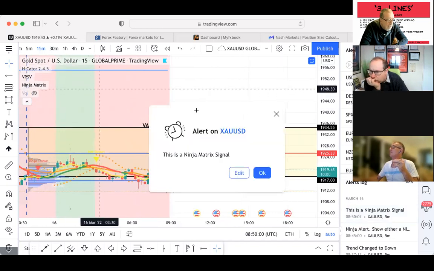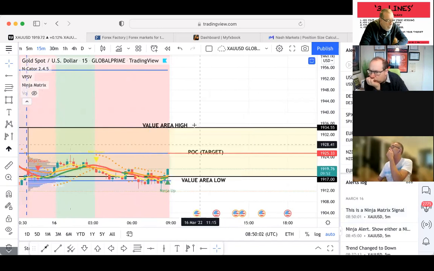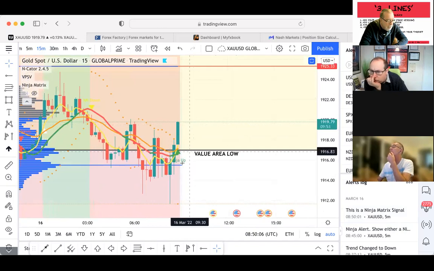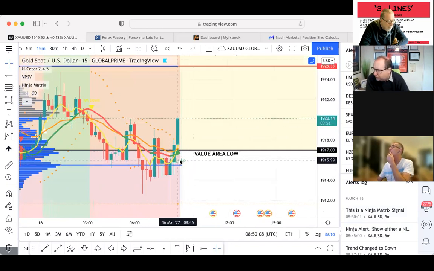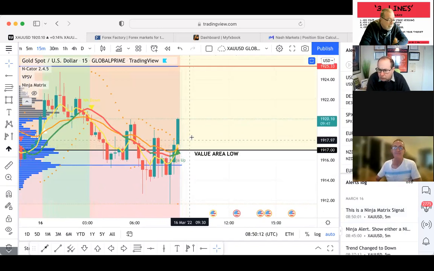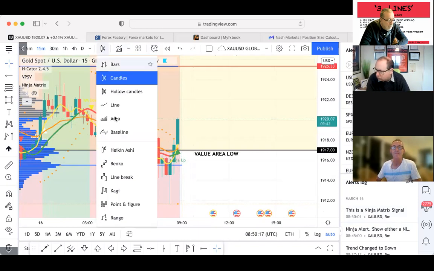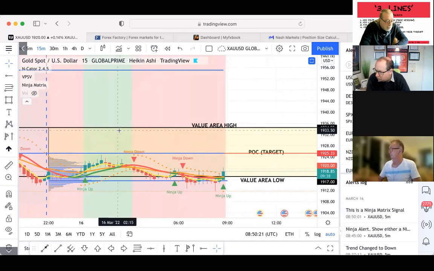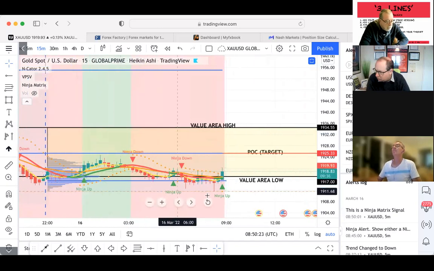The second thing I would look for, I'll put the Ninjacator on, and just zoom in a little bit. You can see we've got a Ninja up, and price is actually moving up as we speak. What I'll do is put the Heikin Ashi candles on, because the Ninjacator is designed to work on the Heikin Ashi candles.